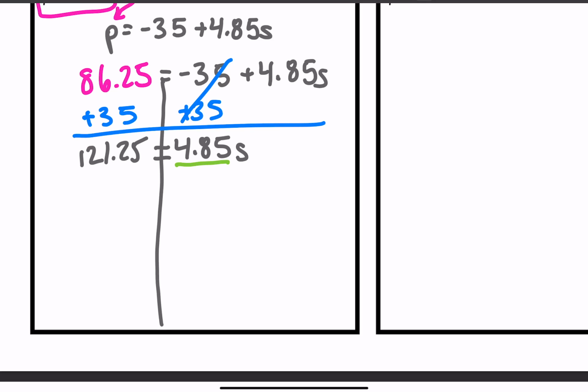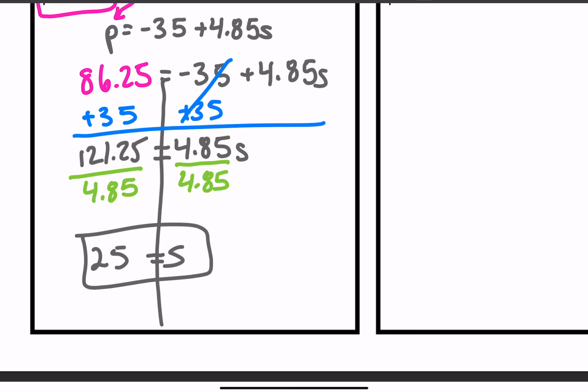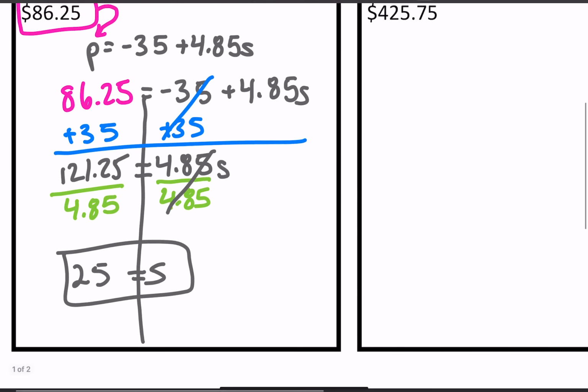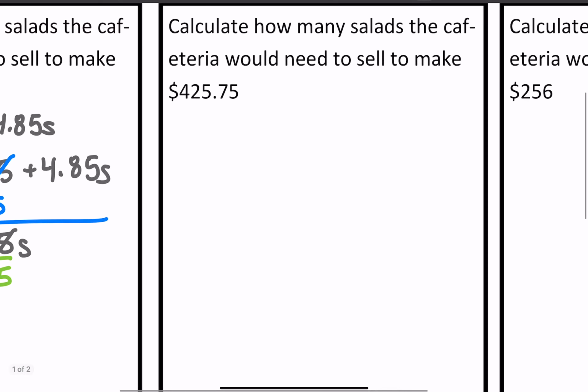We get rid of that 4.85 by dividing it on both sides, which leaves us with 25. So S means we sold 25 salads.